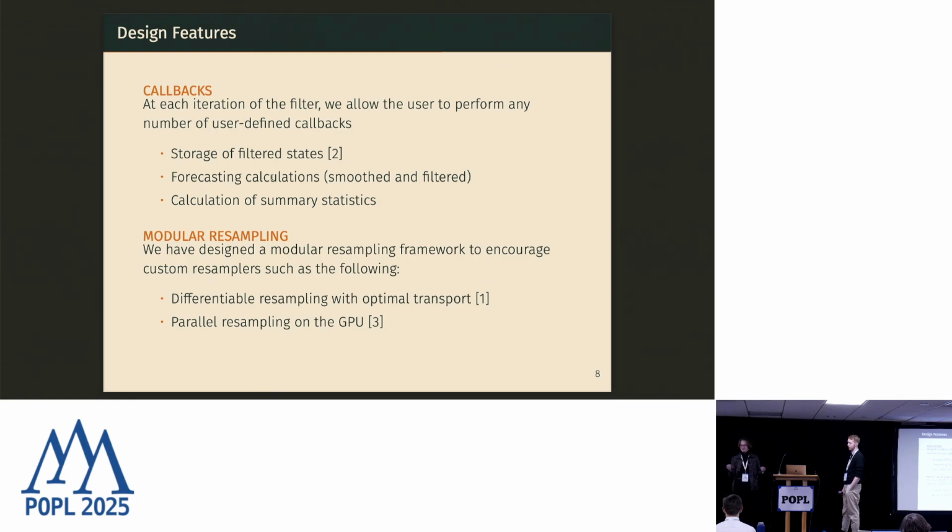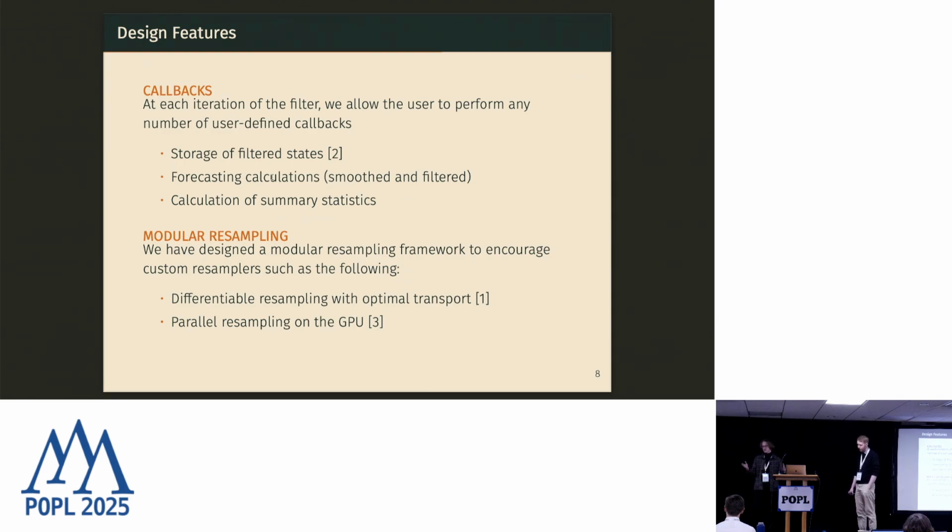But we do include some of our own callbacks, such as efficient storage of particle trajectories over time, which is a very cheap way of getting a smoothed distribution without doing a backwards pass of a filter or a sampling algorithm.